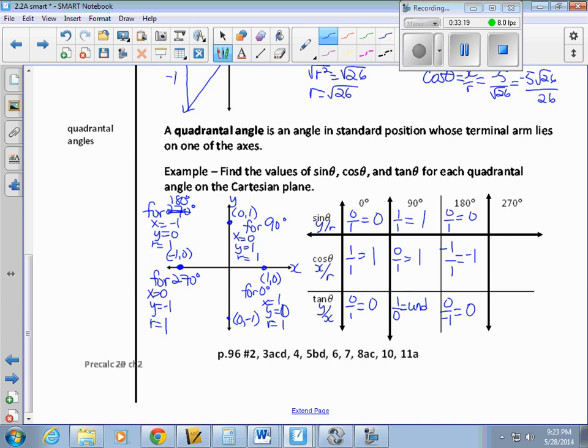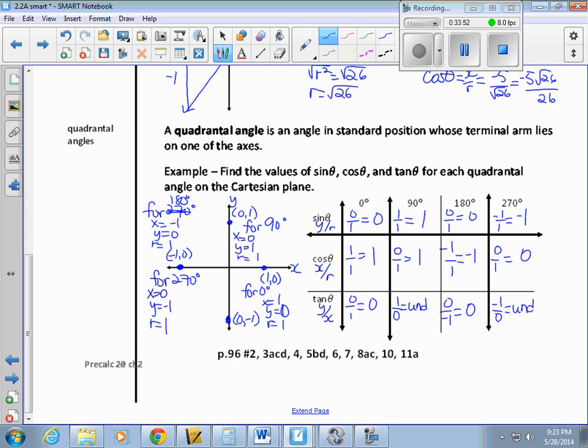So 270 degrees then, that's for this point down here. Y over r is -1 divided by 1, so that's just -1. Cos of 270, x over r, so 0 divided by 1 is 0, and then tangent is my y divided by my x, so -1 divided by 0, so that too is undefined.